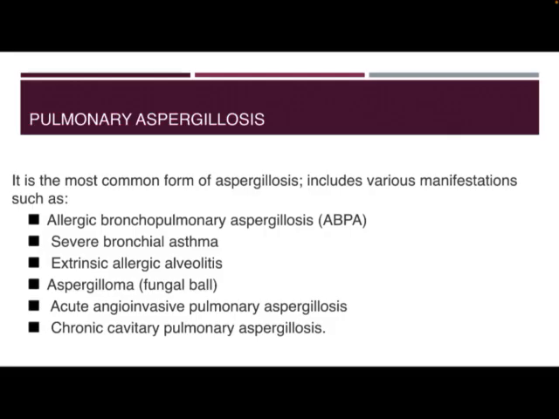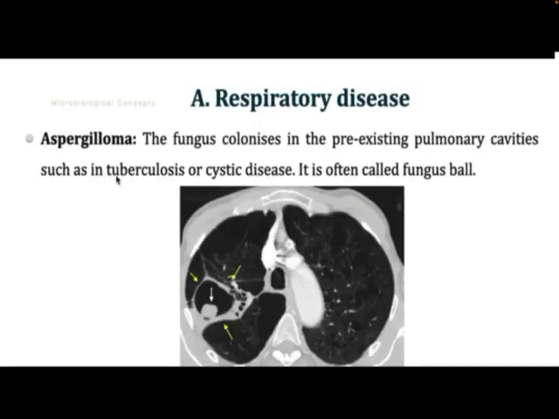So these are the common types of pulmonary aspergillosis that you see in humans. In pulmonary aspergillosis, you have bronchial asthma, allergic alveolitis, and cavitary pulmonary aspergillosis.